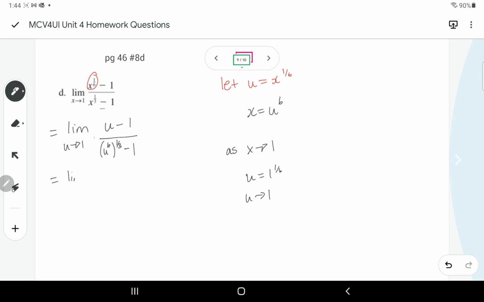So I'm just going to simplify a little bit, that I have u minus 1 over, now this is exponent rules, right? 6 times 1/3 is 2, so it's u squared minus 1. And that's not too bad, just a difference of squares.